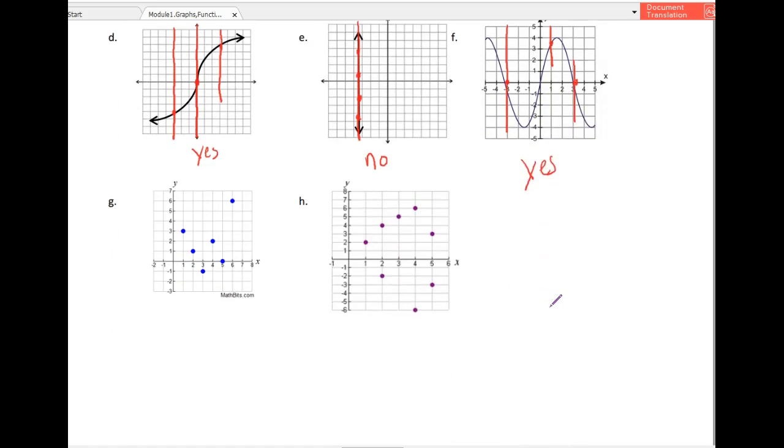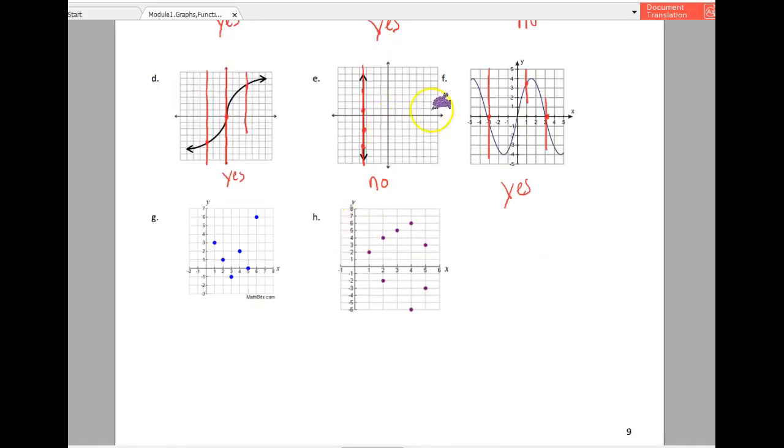Now sometimes functions are not specific graphs that are continuous like this. Sometimes it's just a collection of data like those tables. The tables above, I could plot down here on a graph, and I can still use this vertical line test to determine whether or not this graph is a function.